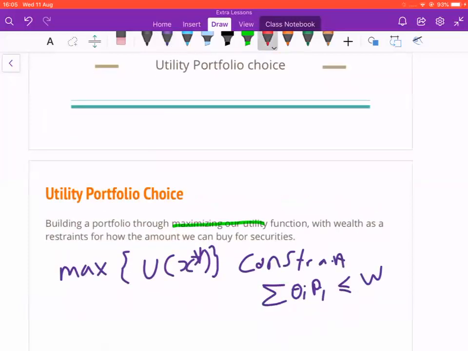To define this, P is the price of the security. D is going to be the payoff of the security, right?